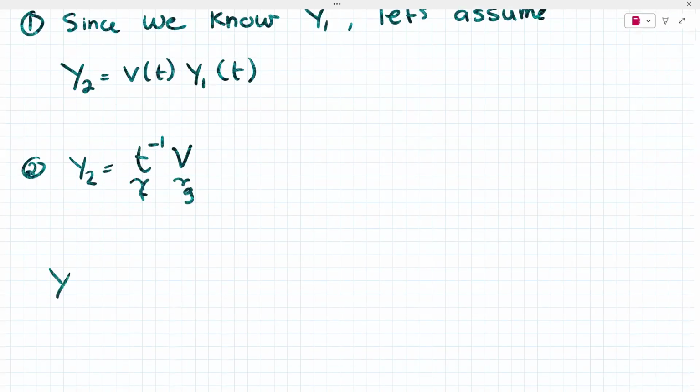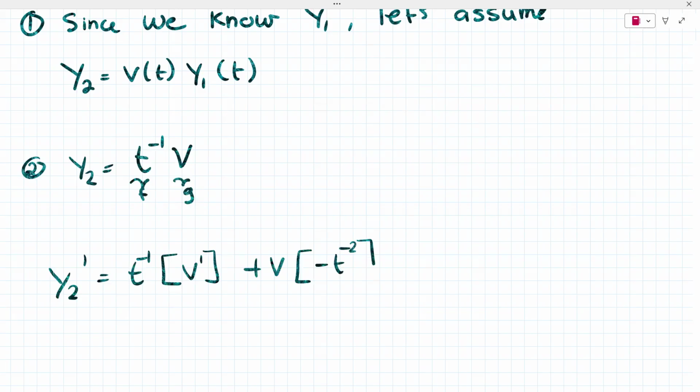So my y2 prime is going to be, you apply the product rule. This is your f, this is your g, so your product rule would be t to the -1 times v prime plus v times negative t to the -2, which equals t to the -1 v prime minus t to the -2 v.